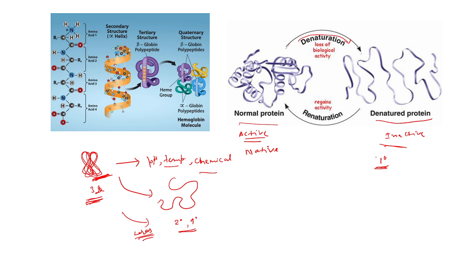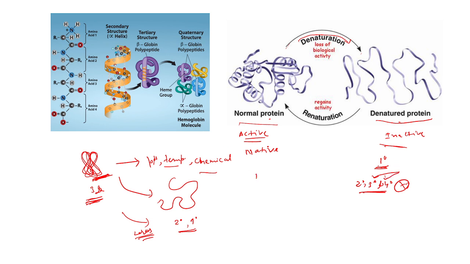That means the same amino acids are present in the denatured one and the normal one, but the secondary, tertiary and quaternary structure is lost. Why? The quaternary and the tertiary structure are maintained by these 5 factors.